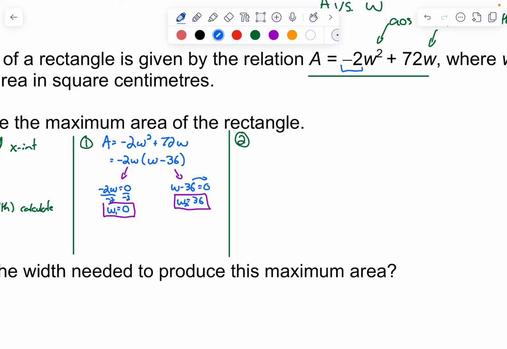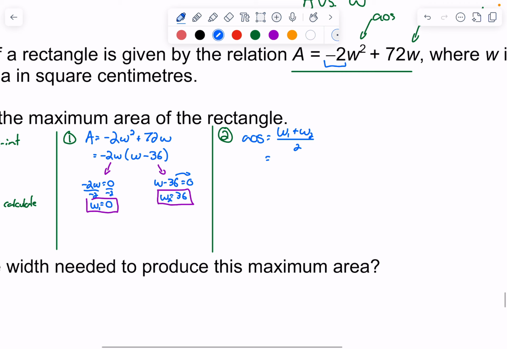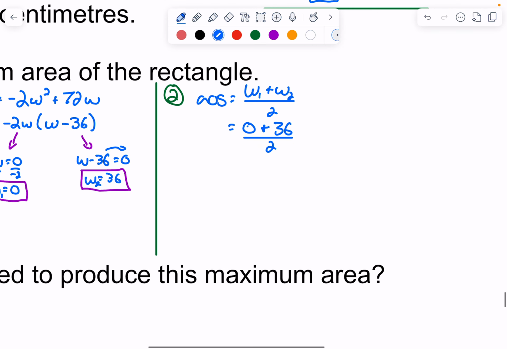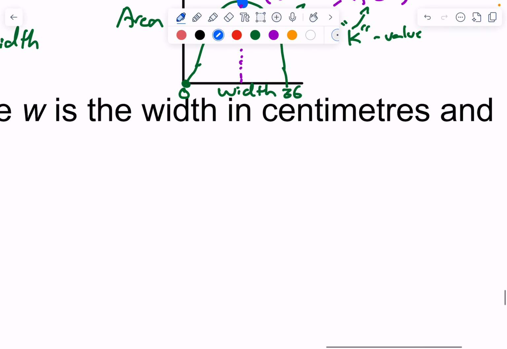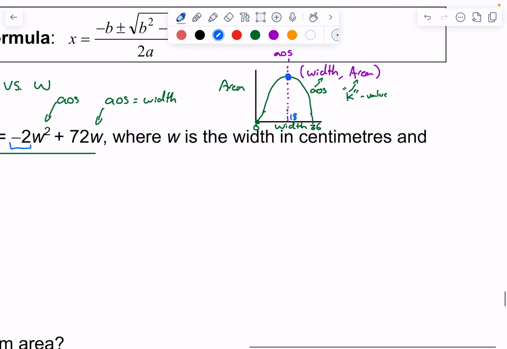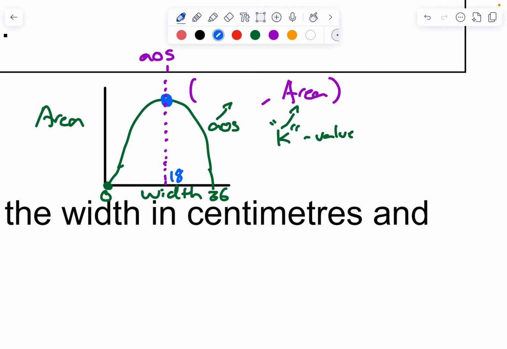So step 2, we have W, or AOS, our axis of symmetry, is W1 plus W2 all over 2. So you take your first one, 0, add your second one, 36, divide by 2, you're finding the halfway point between them. You would find at 18, you have your halfway point. So on your picture, this is 18, halfway between 0 and 36. That means your x-coordinate of your vertex is 18.